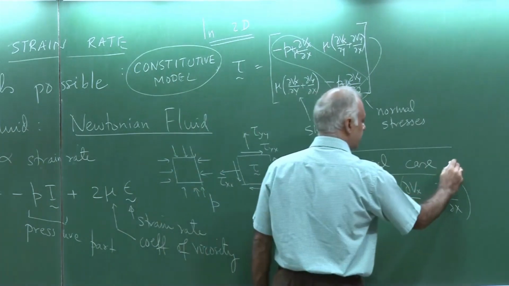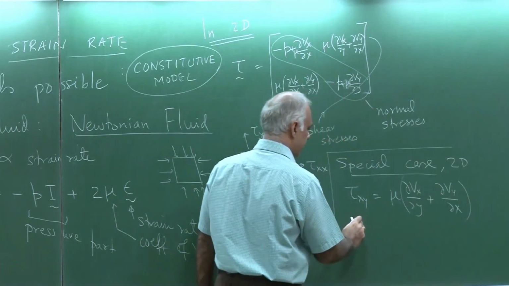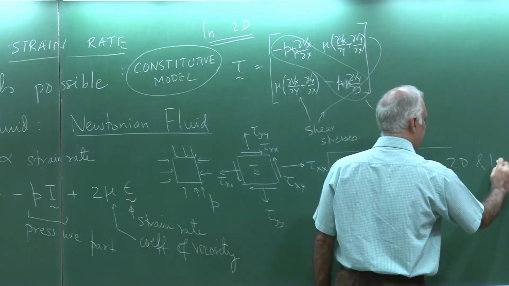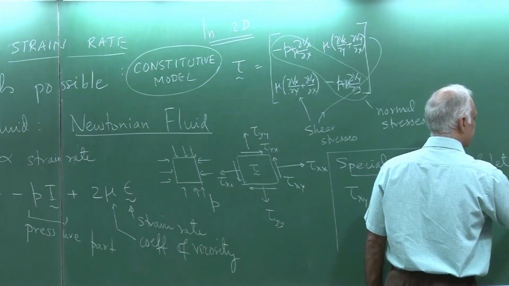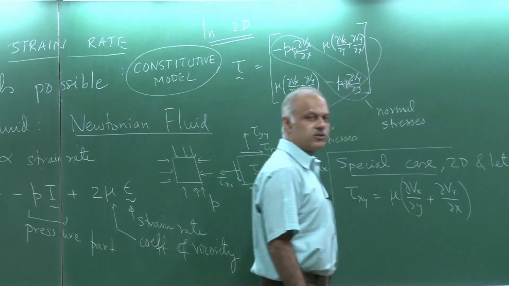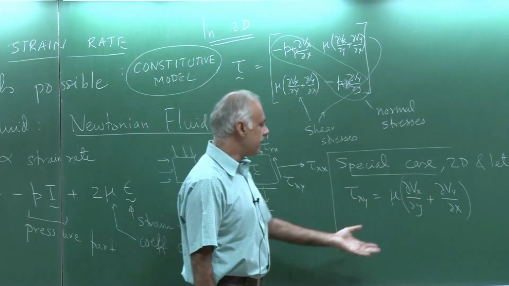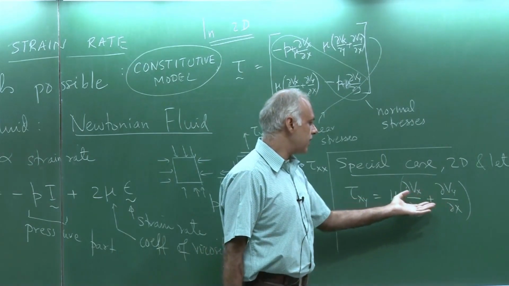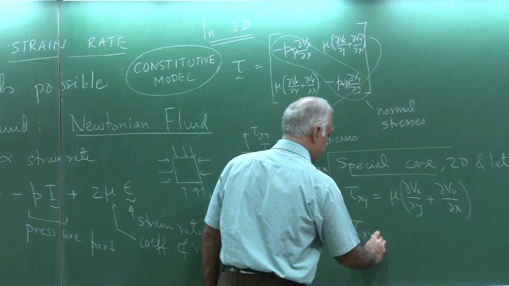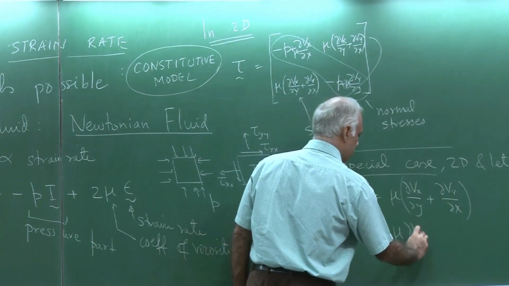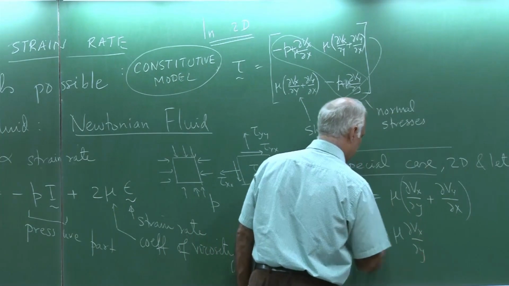I am talking about a special case in 2D, and let del Vy by del x tend to 0, or it may be very small compared to the quantity over here. Then we could approximate this as mu del Vx by del y.